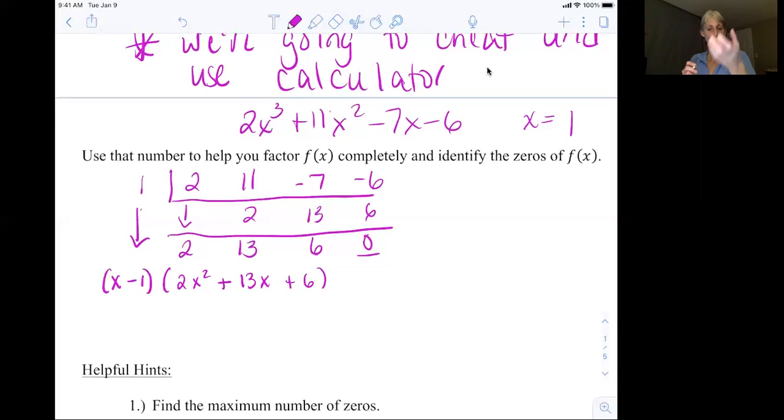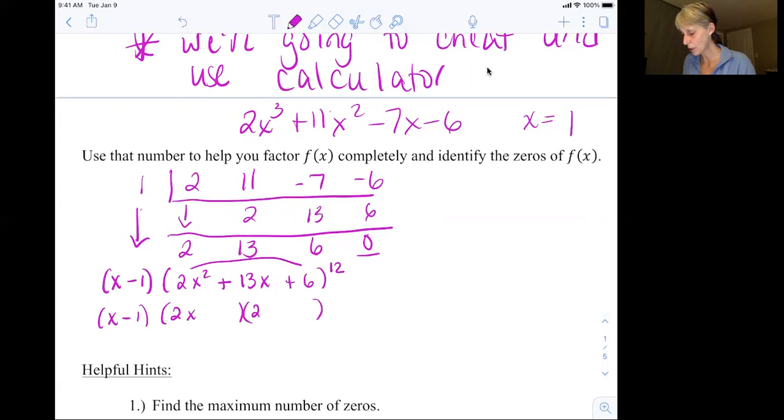And I'm going to now see, can I factor this? Now I have a trinomial I'm trying to factor, and I know I can use my tricky trinomial factoring. X minus 1 is still a factor; we're not going to worry about that. I'm going to set up my 2 sets of parentheses, 2x, 2x.